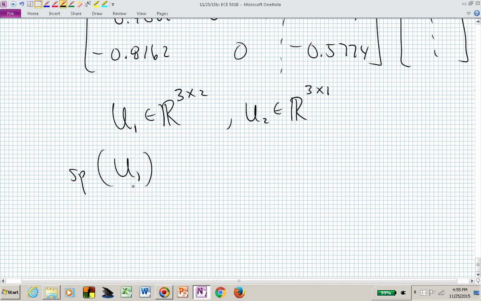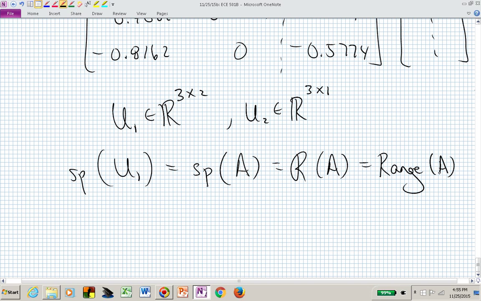The span of U1 does span the range of A, and the span of U sub 2 is spanning the orthogonal complement to the range of A.